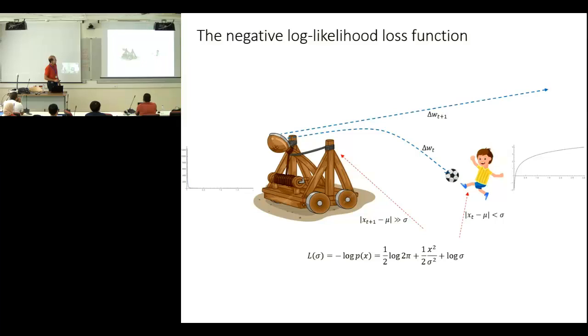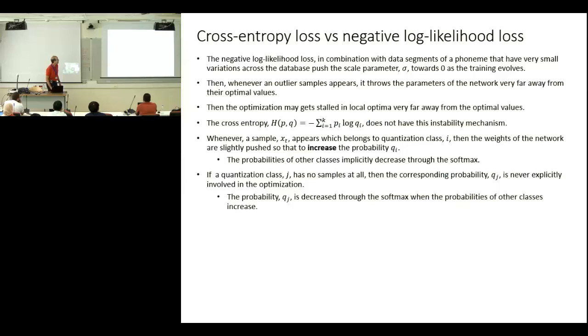And finally, when sigma is very small, a sample appears which is very far away from the predicted mean value, and this produces huge updates of the weights and sends the weights of the network very far away, possibly to infinity, and the training diverges.